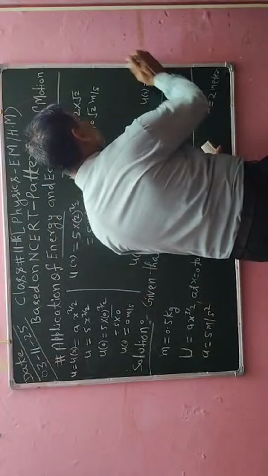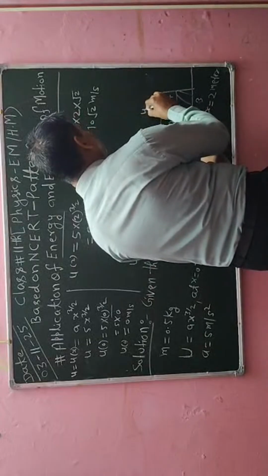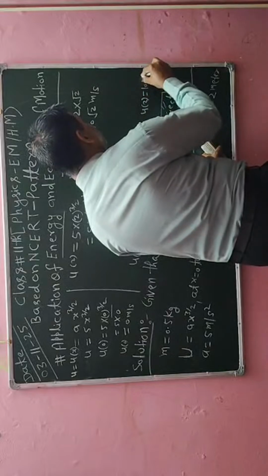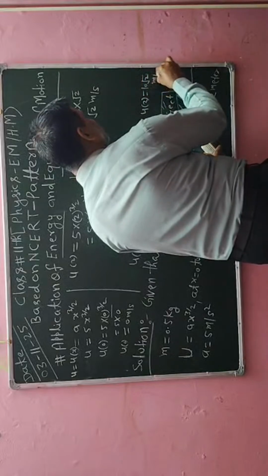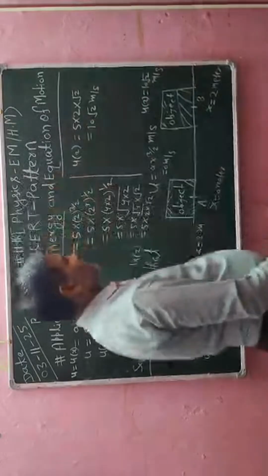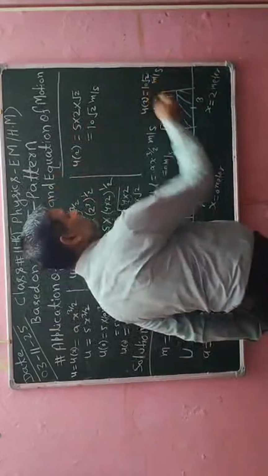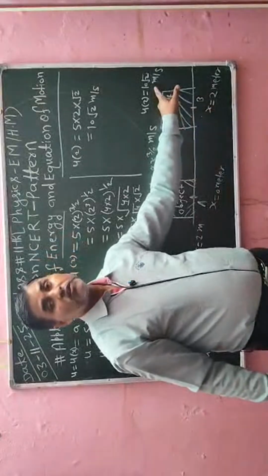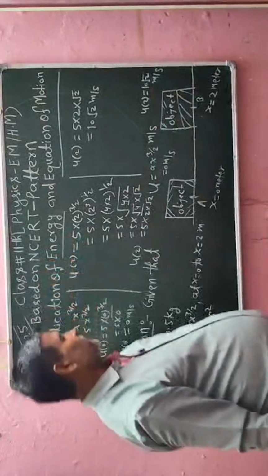u2 is, here I will write u of 2, which is equal to 10 root 2 meter per second. Okay student, I have got the value of u of 2 at the point B, that is 10 root 2 meter per second.